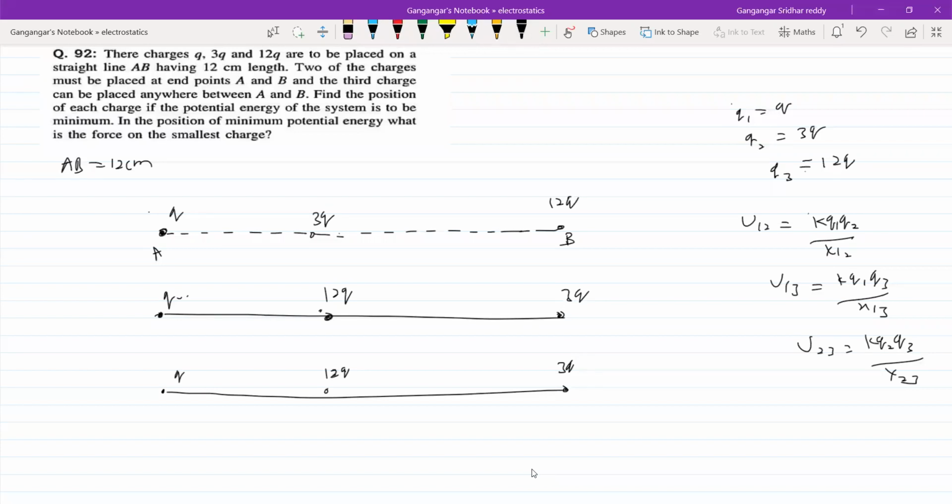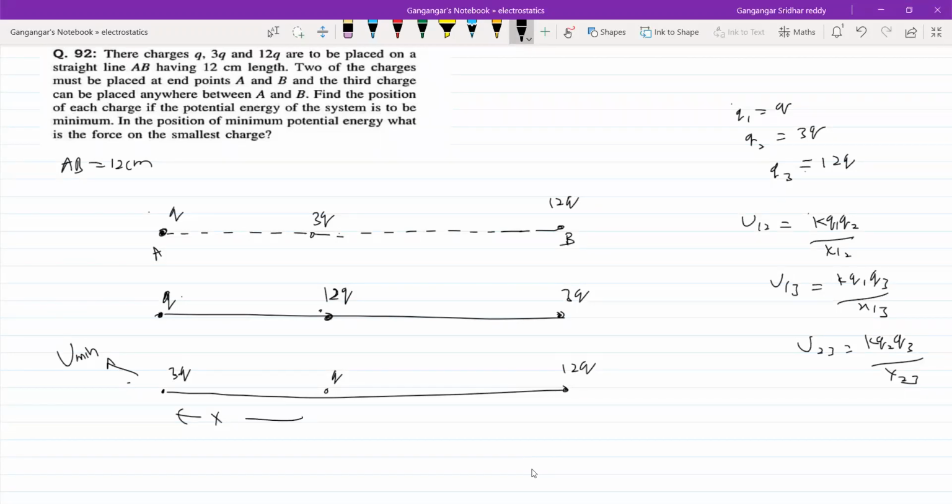Same thing. So this is a Q, no? Okay, now come to this. Here, when the charges which have more magnitude are separated by more distance, the potential will be minimum. So among all three, this will provide minimum potential energy.